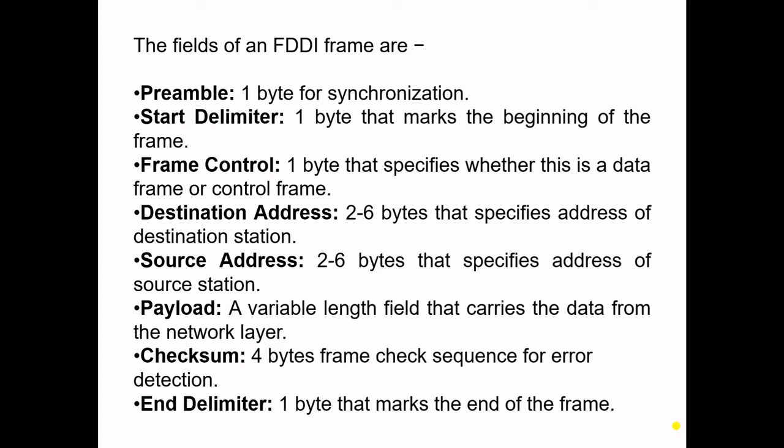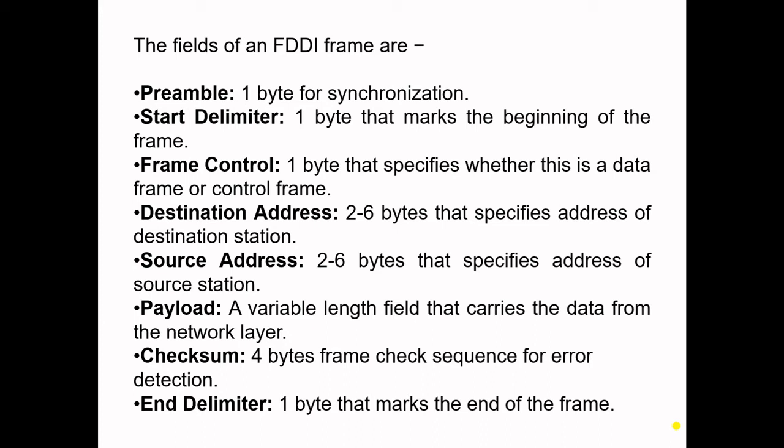Next is frame control, 1 byte that specifies whether this is a data frame or control frame, because two types of frames can be used.